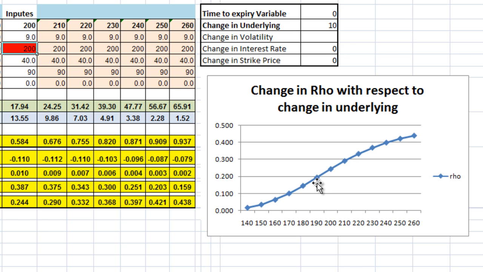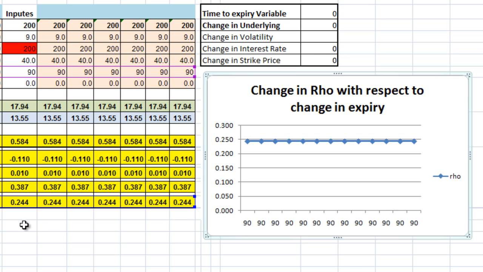So if the rate of interest changes 1% and the option is far out of the money, there will be almost no significant change in the premium. Whereas if the option is too much in the money, and there's a 1% change in rho, there will be high impact over the premium. Now let's understand the change in rho with respect to the change in time.